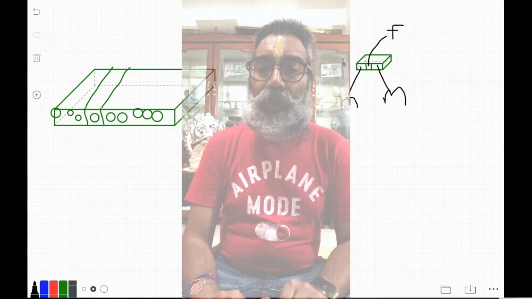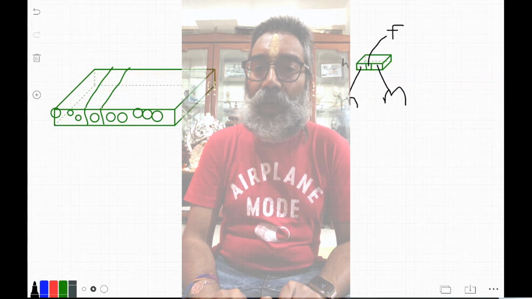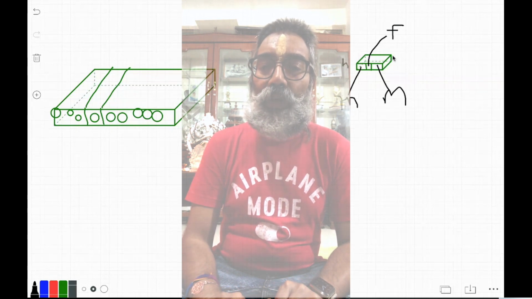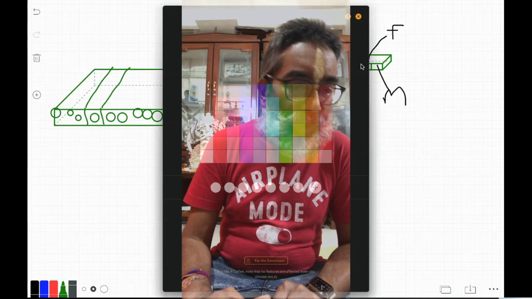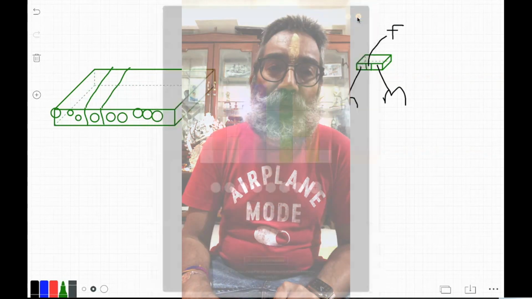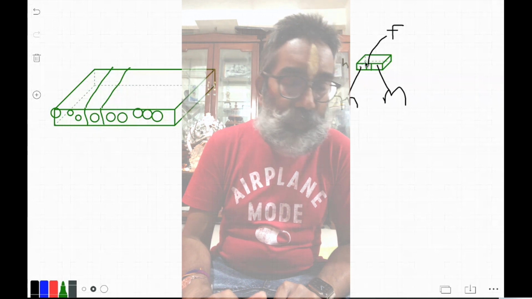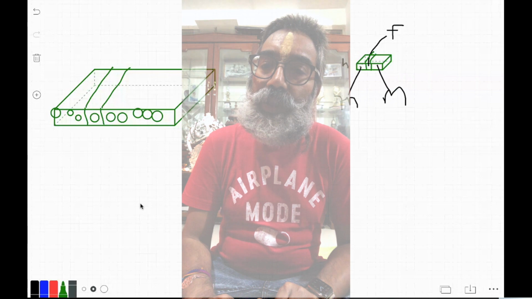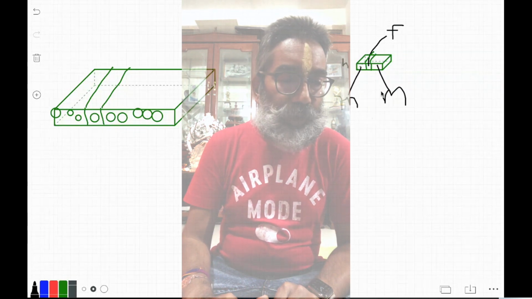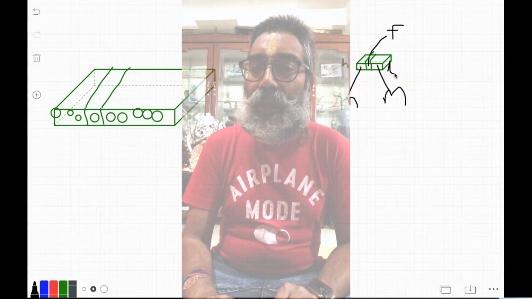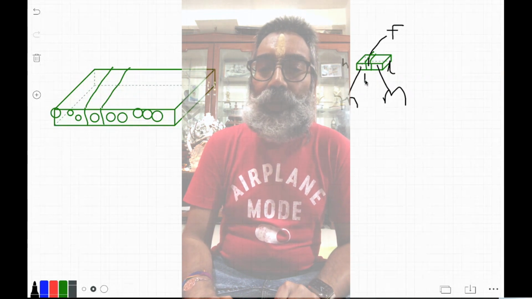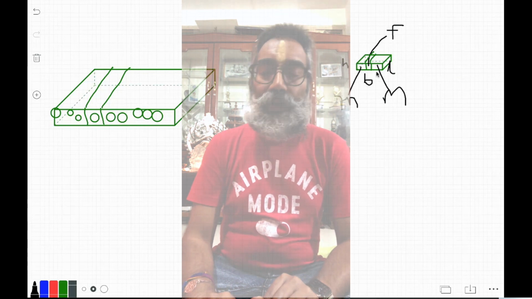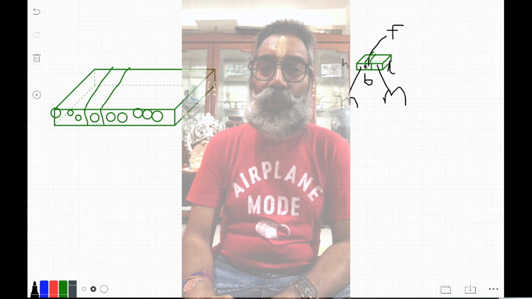Okay, now let's take the thickness or height of this to be h, and the breadth we are always taking as b. Now this fiber is running through the length of this, which we call L, as we always do, and this overall breadth as B. Now this B, let's assume, is broken up into two parts.